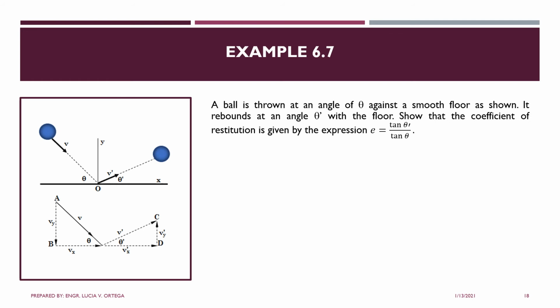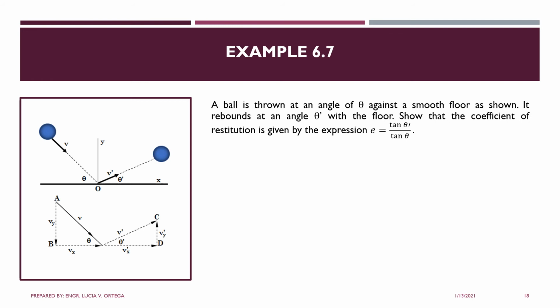Since this is an inclined oblique impact, we draw the triangles. This is the velocity before impact on the floor. It will have vertical and horizontal components. This angle is theta, and the point of contact is point O, so you have triangle AOB.